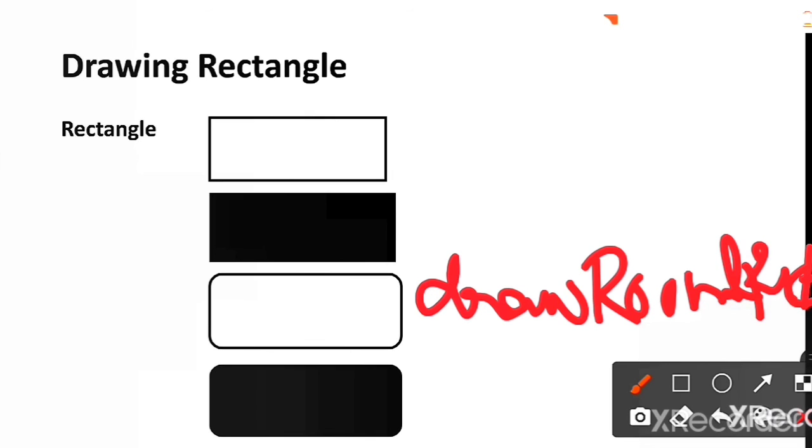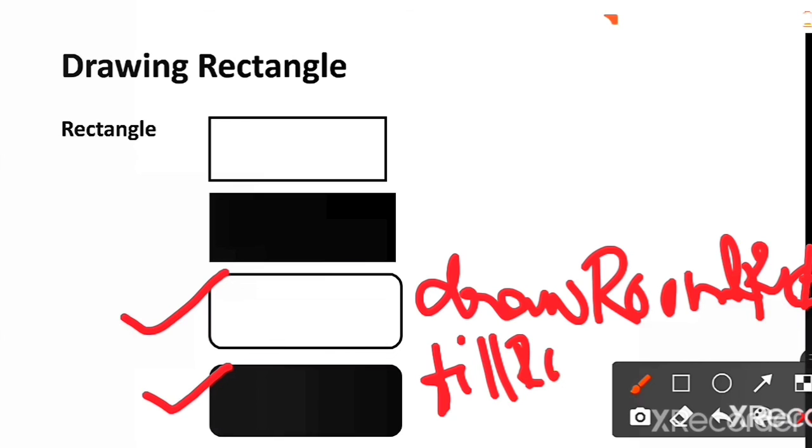By calling this method, you can generate a rectangle of this form. Similarly, to draw a solid round rectangle, you can call the fillRoundRect method.